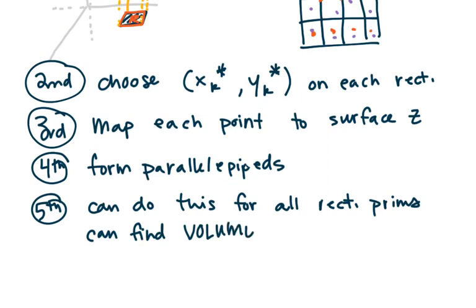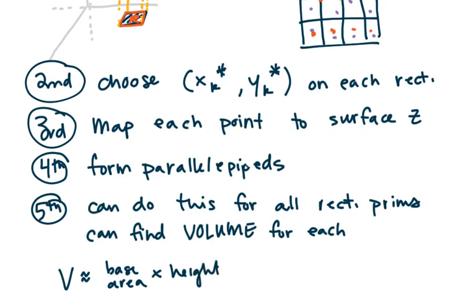So we'll find the volume for each. And so the volume is going to be approximately that base area times this height that we find when we map the point up to the surface.